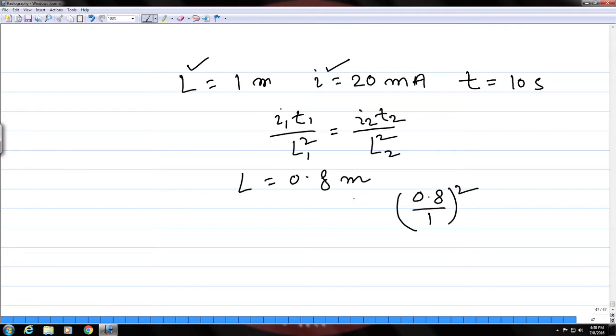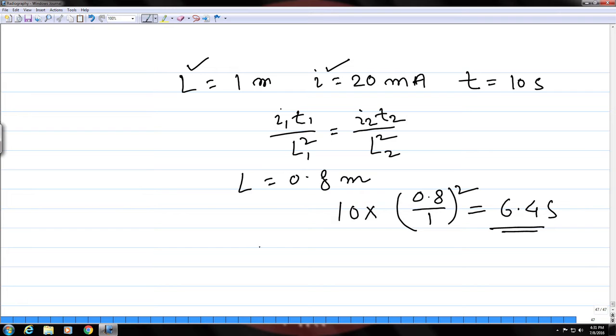So, for 1 meter it was 10 seconds and for 0.8 meter it will be 6.4 seconds. Okay. So, this is how if you vary the distance, the time will vary according to this relationship.